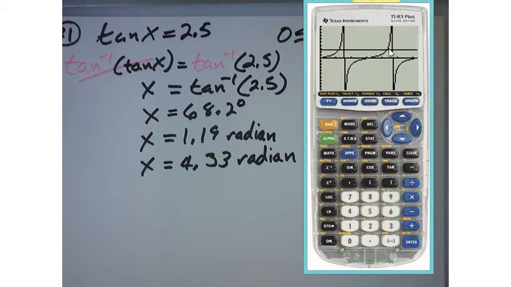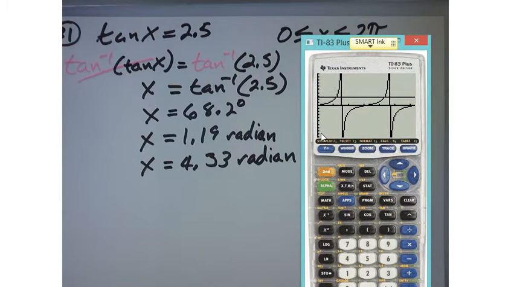But there's infinitely many times. Now what your calculator does is it only calculates one, and that's the 1.19. The way that it calculates that is it just makes a basic right angle triangle. So these are the two solutions. We're done with the problem.